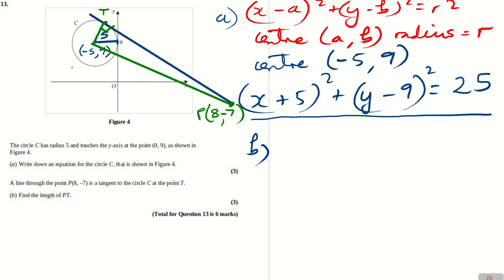So if I call that, let's call it A, the centre of the circle, I can then say that PT squared plus r squared has got to equal AP squared, just using Pythagoras.